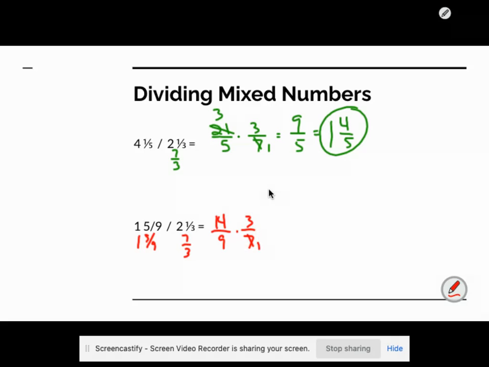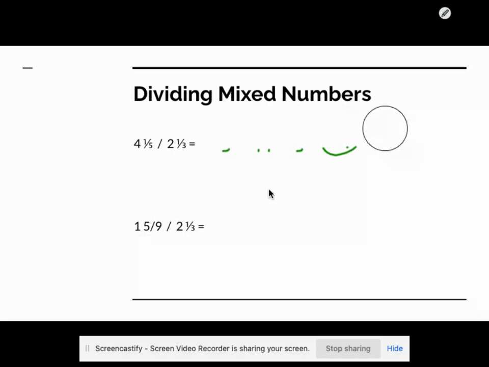And this time I have something that can cancel in both spots. So my final answer then is going to be 2/3. You should expect a smaller fraction because I'm taking a mixed number and dividing it by a larger mixed number, so that's going to give me a smaller answer.